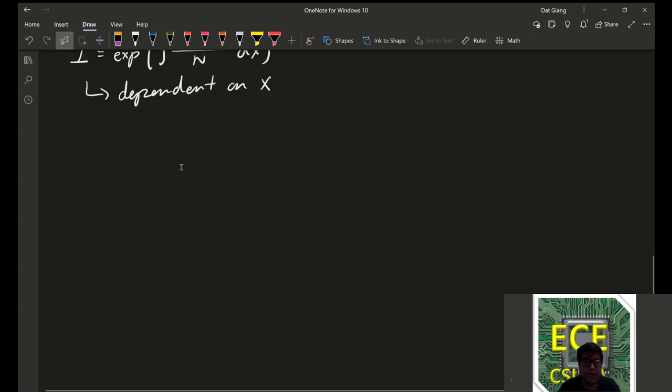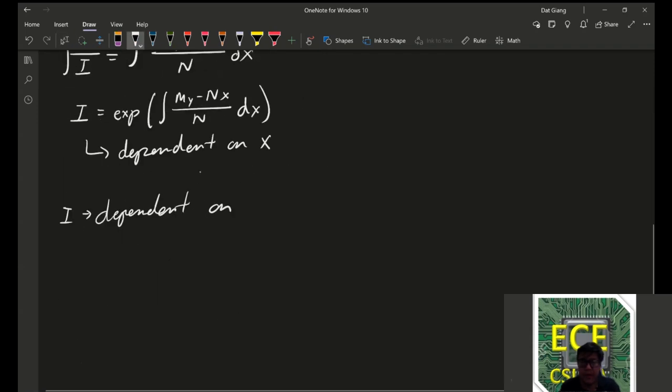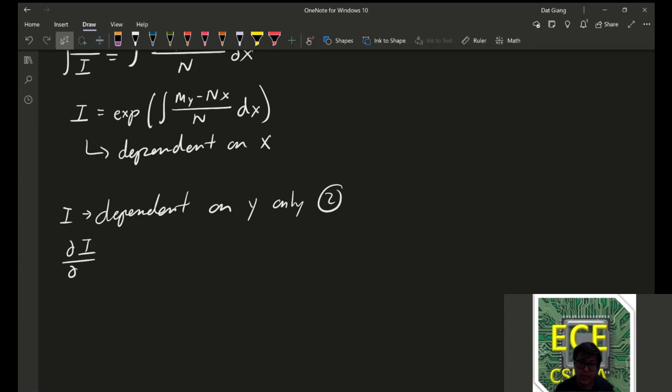Suppose now we have case 2. The first one was dependent on x. Now let's say I is dependent on y only, case 2. As such, partial I partial x is equal to 0.